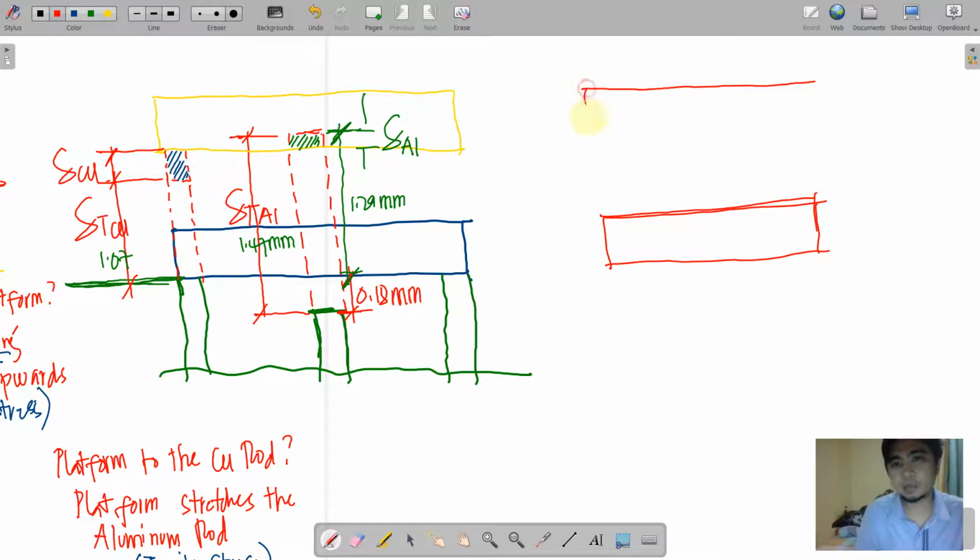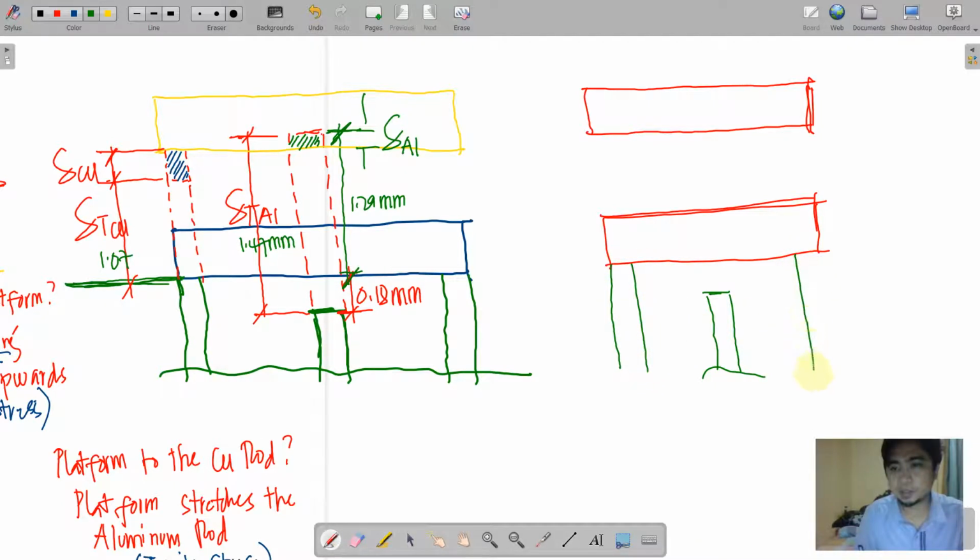Say this is the platform after. This is the central rod, aluminum. And these are the outer rods placed. Remember that the measure of the level of these two rods is at this line.